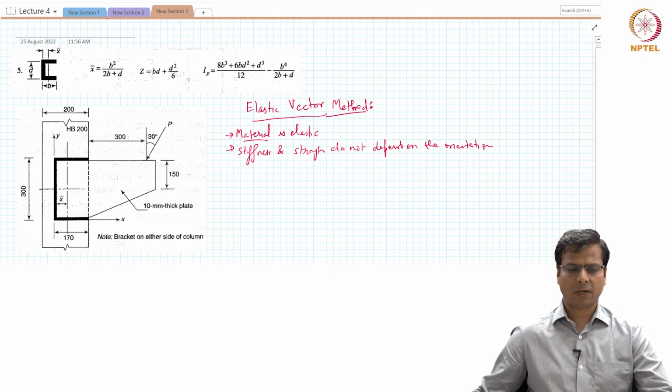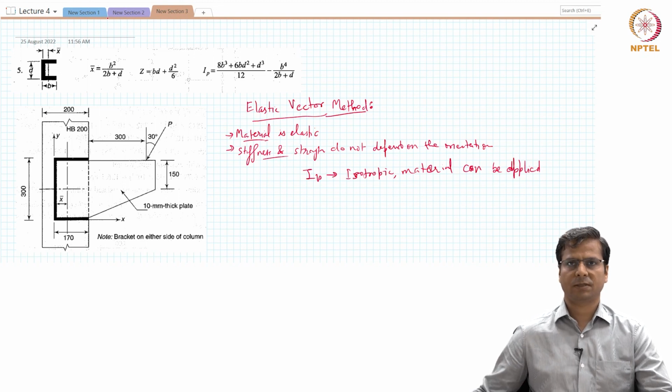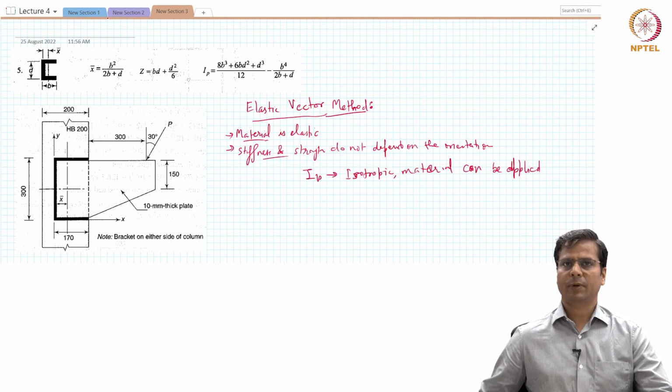So therefore, the idea of IP, which was developed for isotropic material, can be applied. The moment of inertia concept can be applied directly only with these assumptions, if we assume that stiffness and strength do not depend on the orientation.